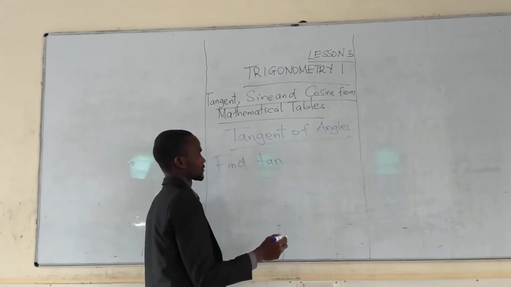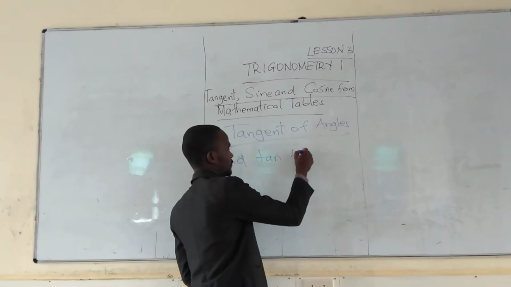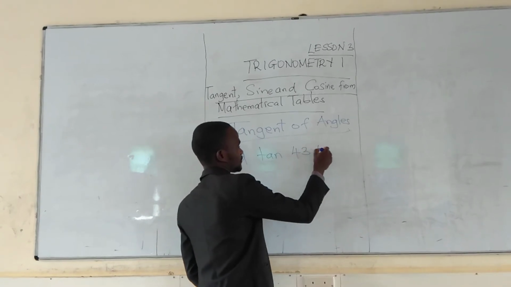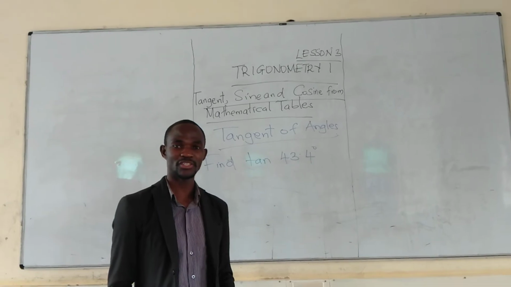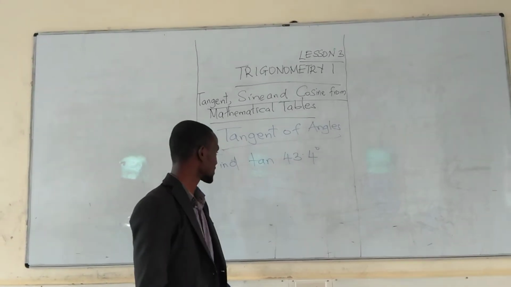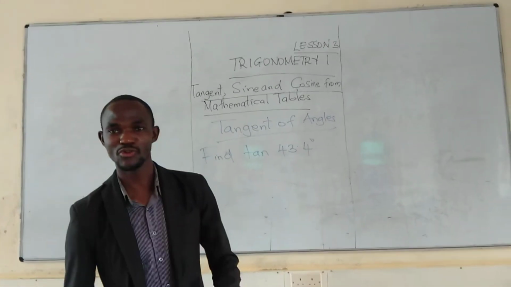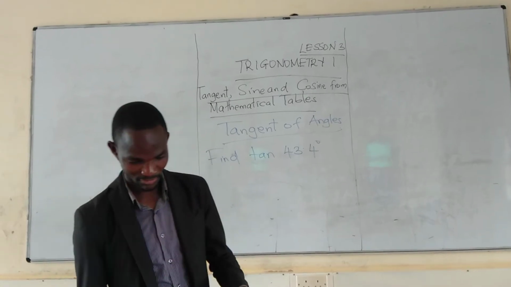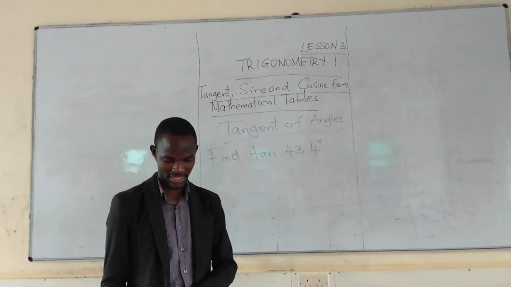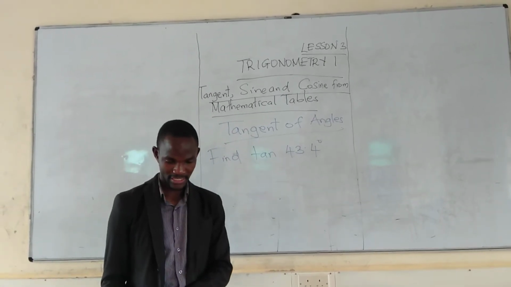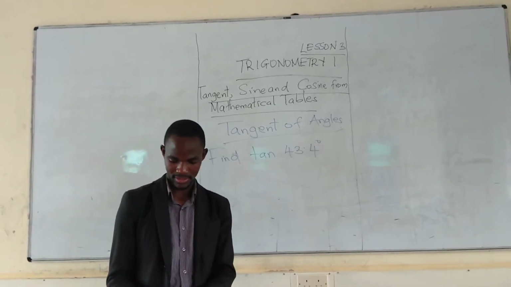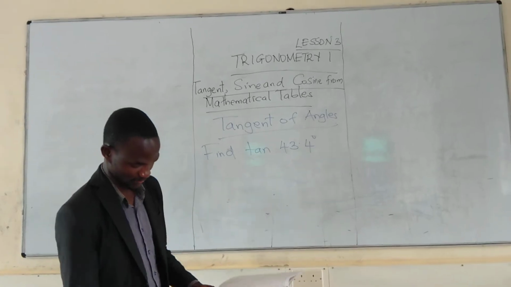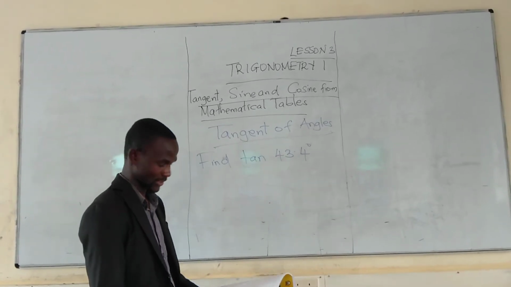For example, we want to find tan 43.4 degrees. Now, I want you to turn to your mathematical tables where we have the natural tangents. For example, mine is on page 9.